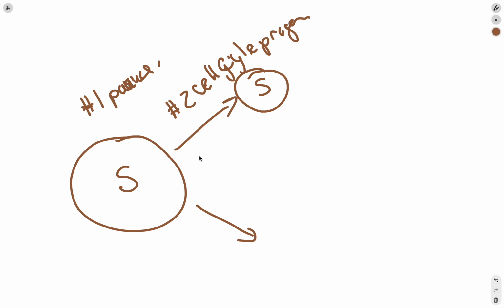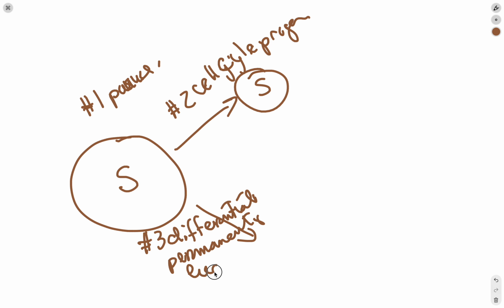Self-renewing stem cells. Then another thing it could do is just be here, and if there's not the right microenvironment, it could just differentiate. And if it differentiates, it permanently leaves the cell cycle. It's done dividing. And then the fourth thing is it could just go through programmed cell death.